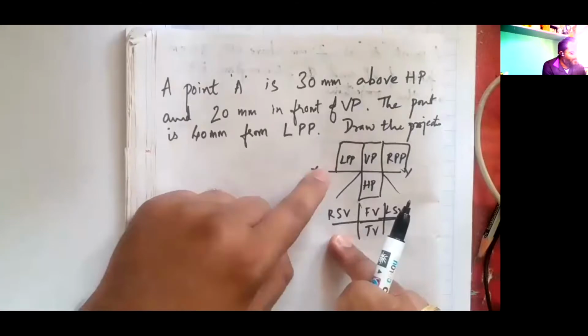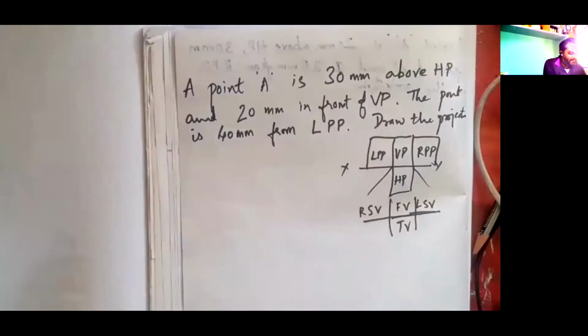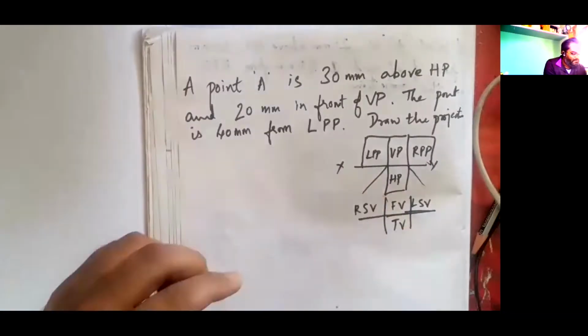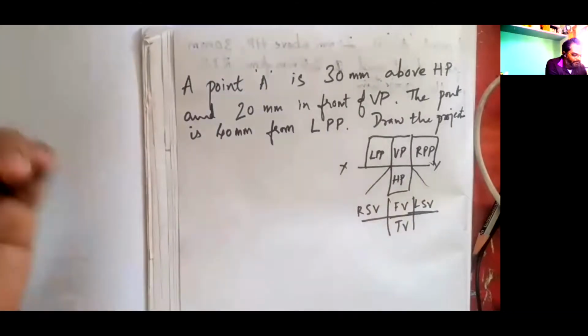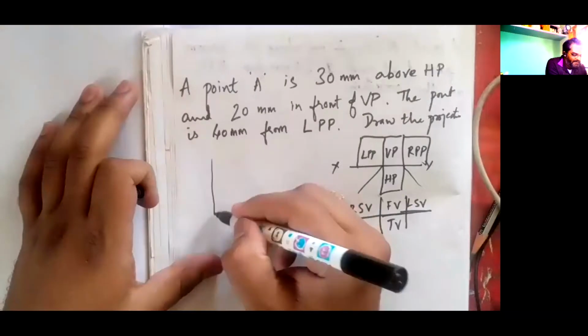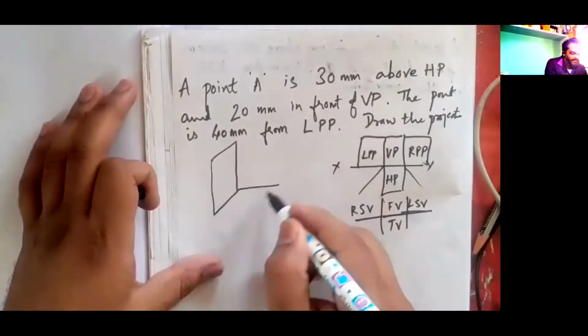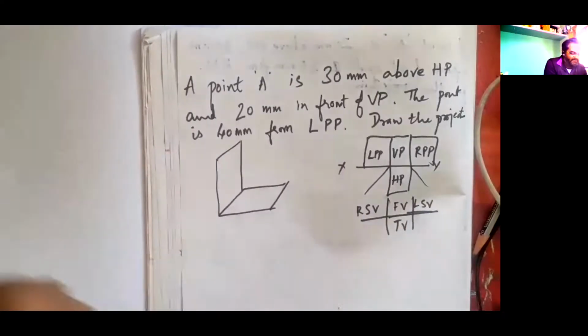So what is this object? Let me try to draw in different colors so that you will come to know about the side plane. This is the vertical plane and horizontal plane, and I will draw a left profile plane.